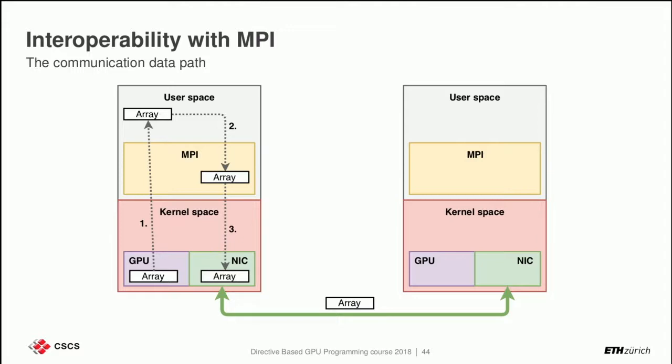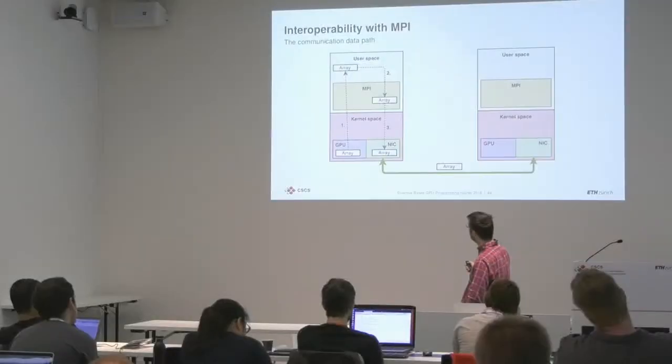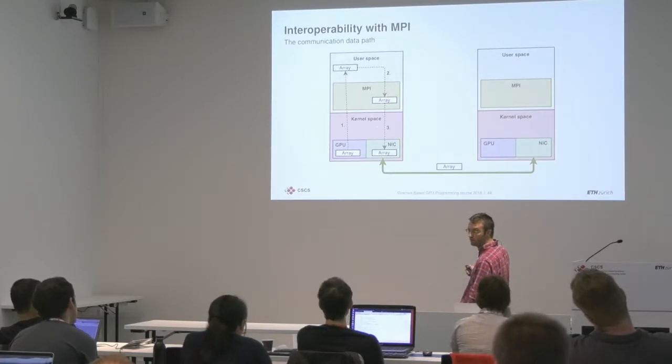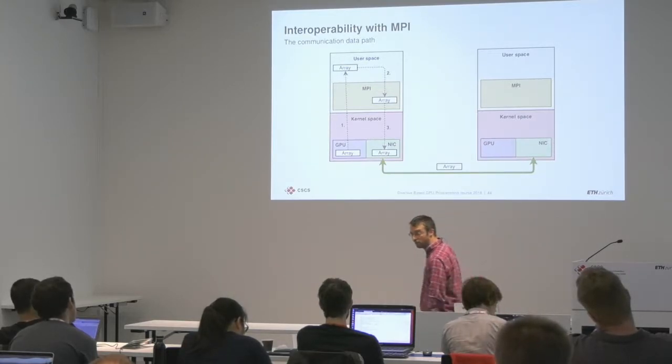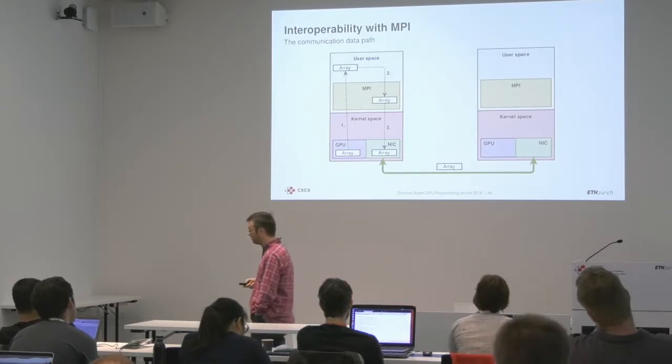This is a bit optimized path, assuming that the MPI implementation supports what's called RDMA. So it pins this buffer so that the kernel can directly instruct the network card to pick the data from here and put it directly to the network. It saves one copy. But so far, we have done 1 copy, 2 copies, and then essentially 3 copies to get to the other end.